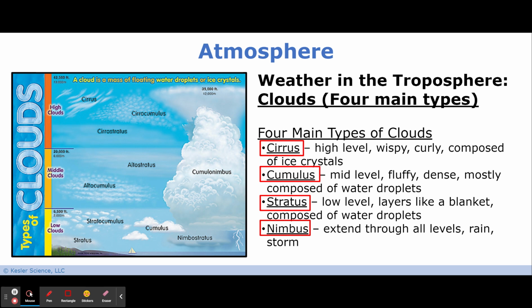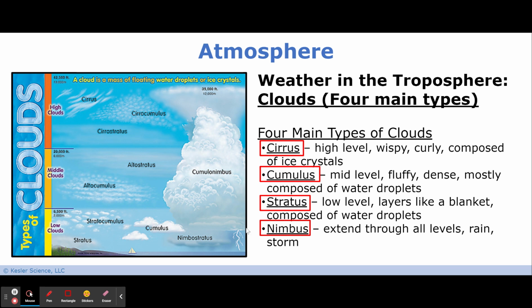Cumulus. So our next type is our cumulus. They're mid-level right here. They're fluffy, dense, mostly composed of water droplets. Our stratus down here, those are our low level layers like a blanket composed of water droplets, and you can kind of see it almost looks like fog.